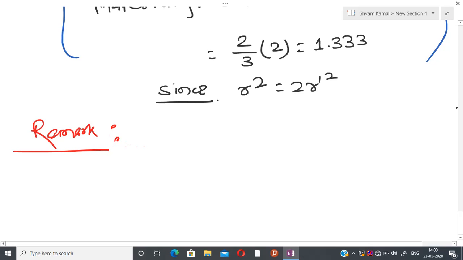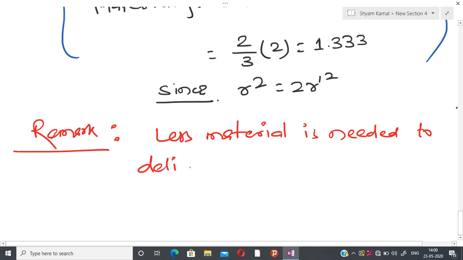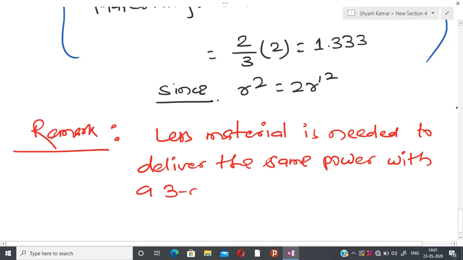So the first advantage is that instantaneous power is constant, and the second advantage is that less material is needed to deliver the same power with a three-phase system. I am representing the three-phase system like this.